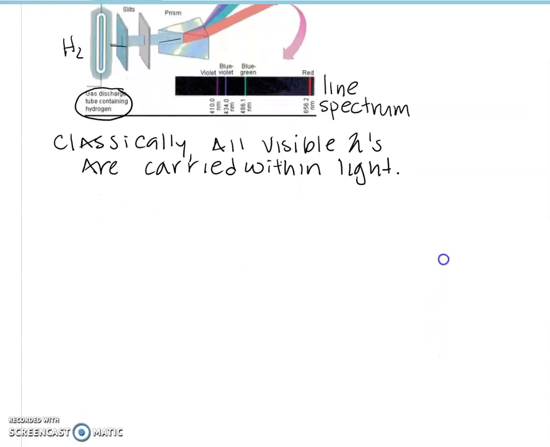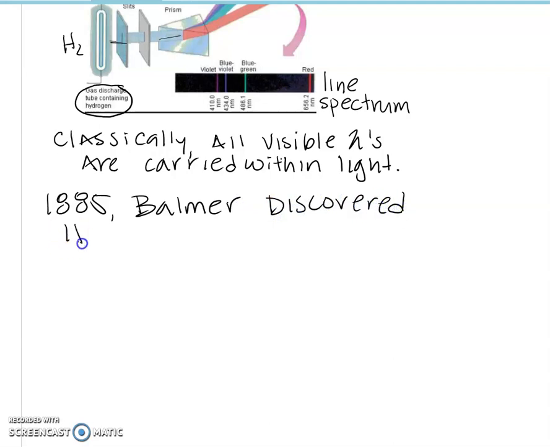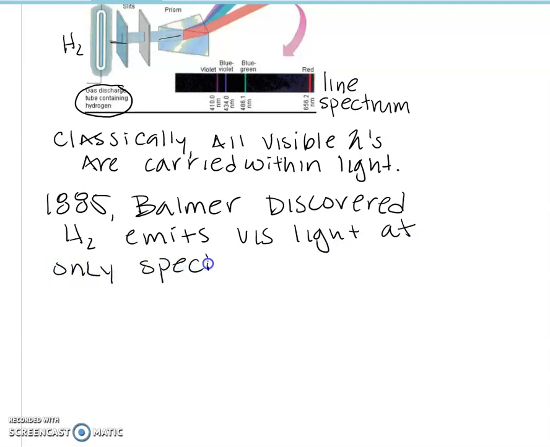So in 1885, a scientist by the name of Balmer discovered that hydrogen emits visible light at only specified quantized values, and we learned about the word quantized earlier.